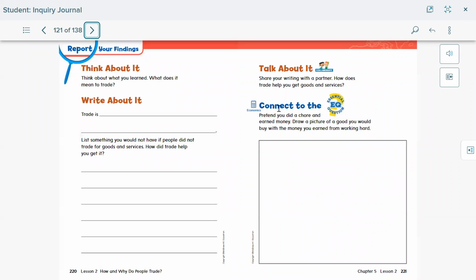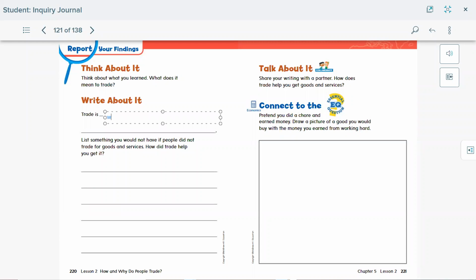Page 220 and 221. Okay, write about trade. So what's trade? We know trade is when you give something to get something else. Okay, so let's write this down.